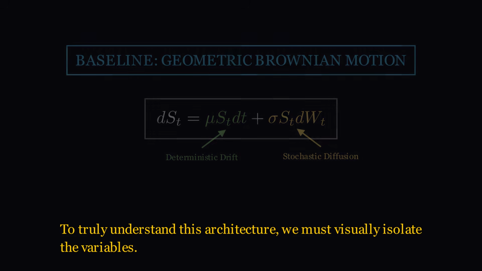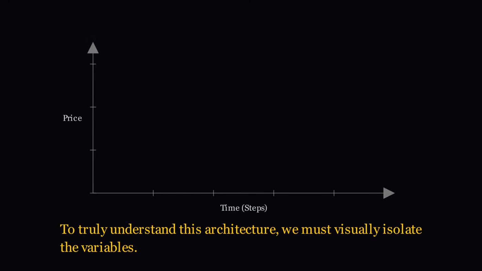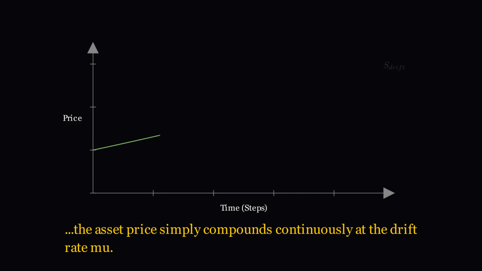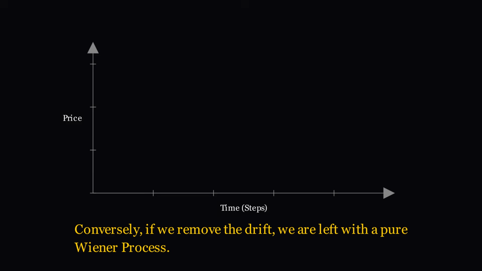To truly understand this architecture, we must visually isolate the variables. If we completely remove the stochastic diffusion from the equation, the asset price simply compounds continuously at the drift rate mu. Conversely, if we remove the drift, we are left with a pure Wiener process.